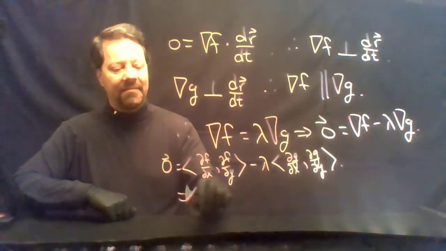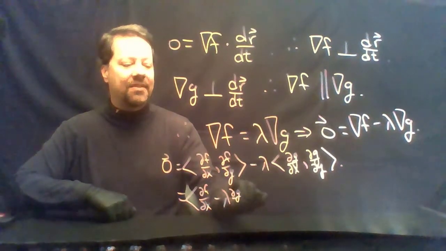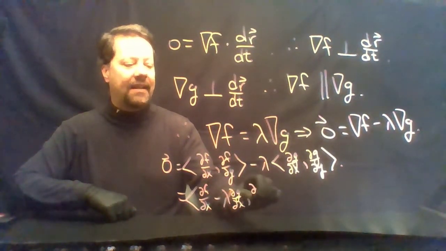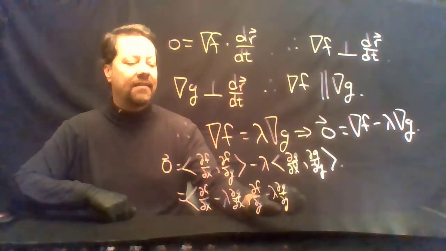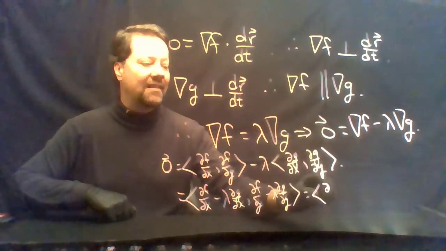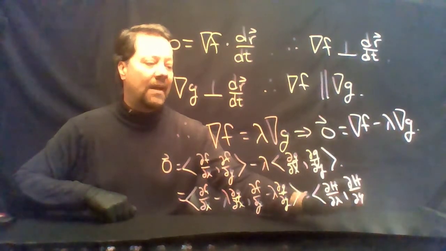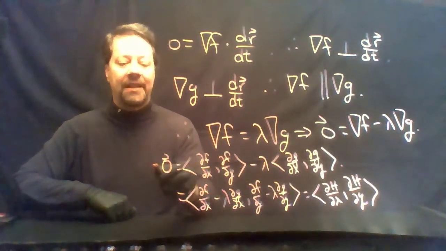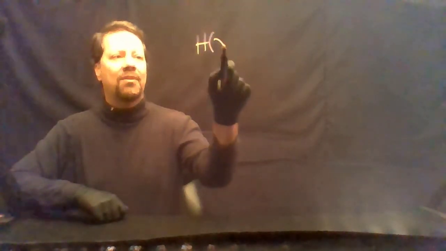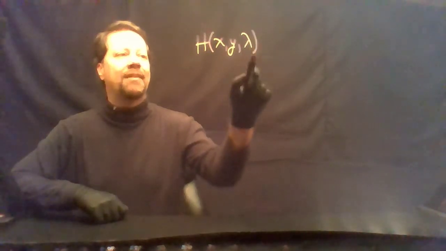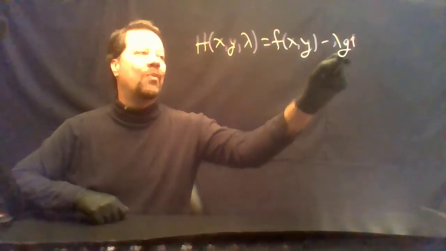When you think about it, df/dx minus lambda dg/dx and df/dy minus lambda dg/dy are exactly dh/dx and dh/dy, and both of those have to be equal to 0 if h, which is a function of x, y, and lambda, truly is f(x, y) minus lambda g(x, y).